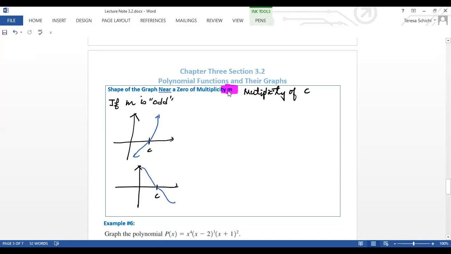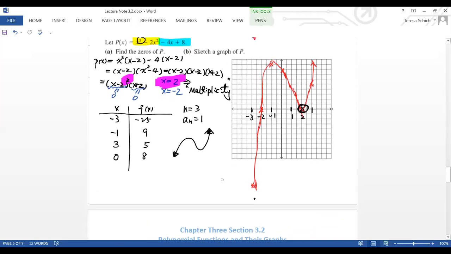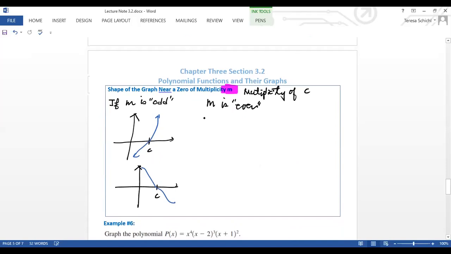And if n is even, just like the one we just did, the n is 2, so this multiplicity is 2, it's a double, right? So then what is your graph going to look like?